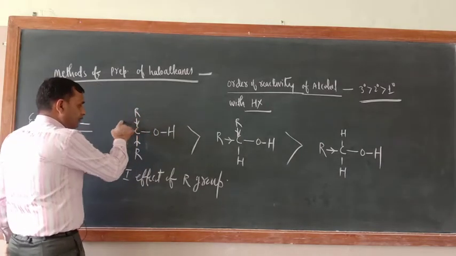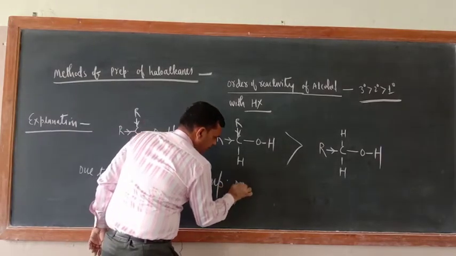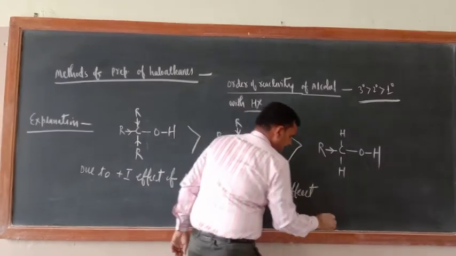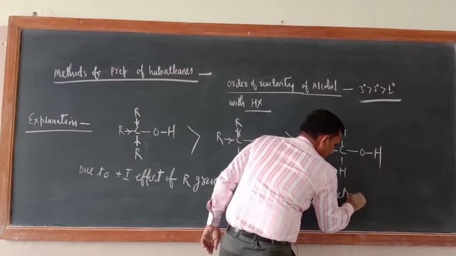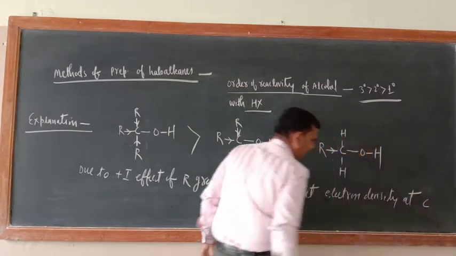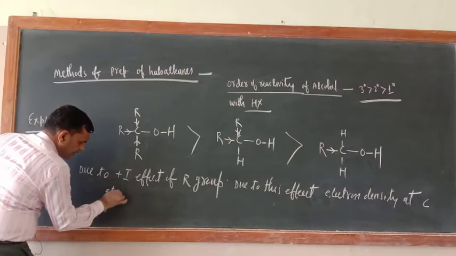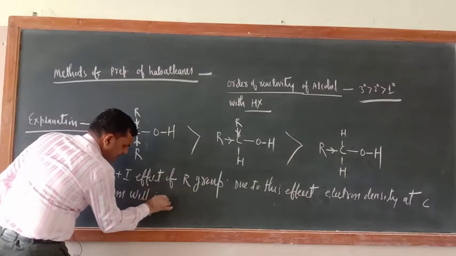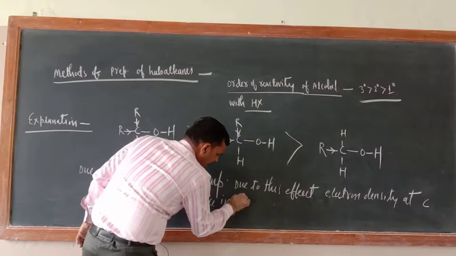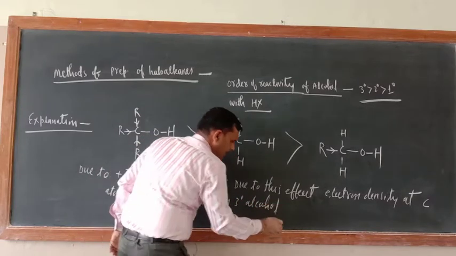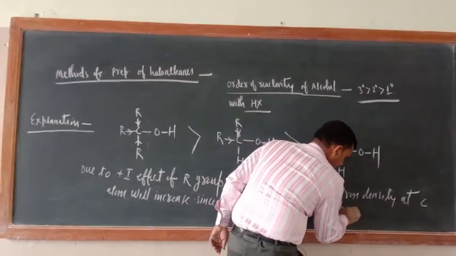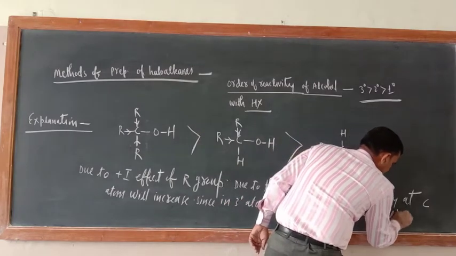Now 3 R, here you can write: due to this effect, electron density at carbon atom will increase, since in 3 degree alcohol 3 R groups are there.